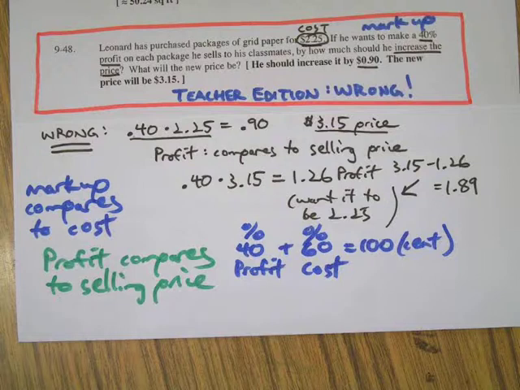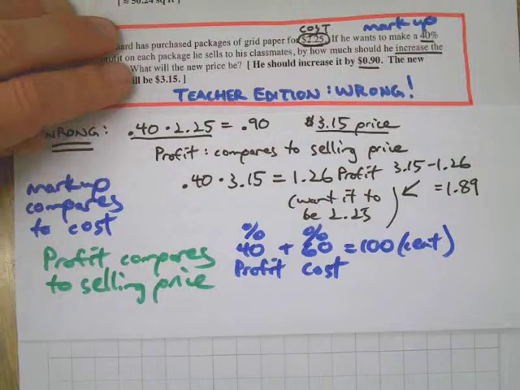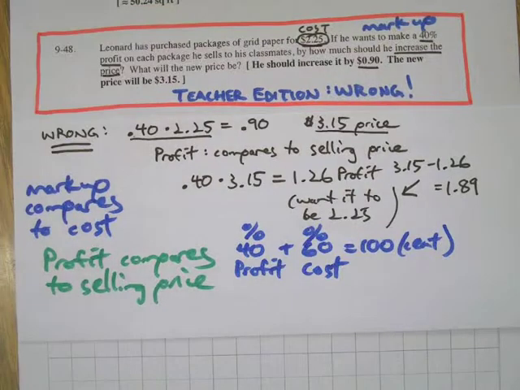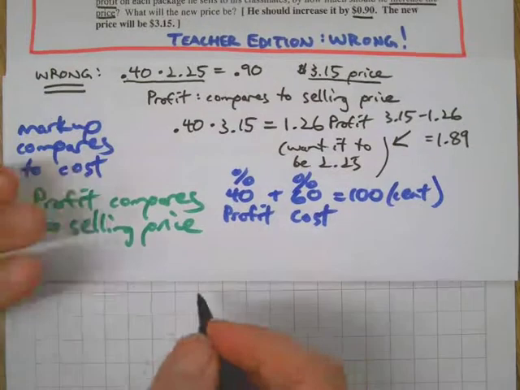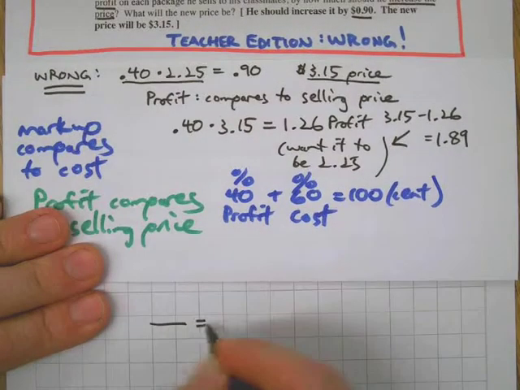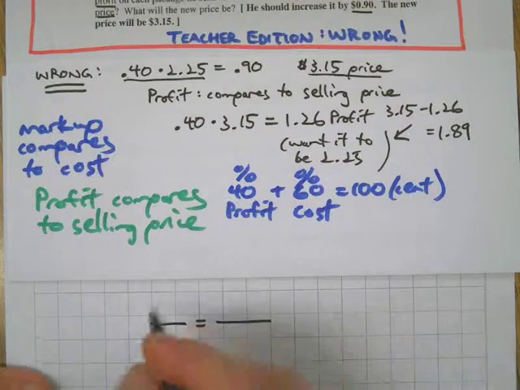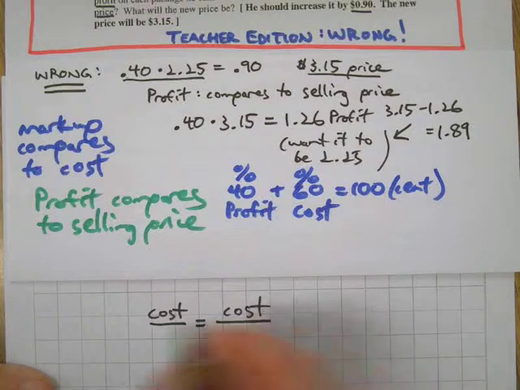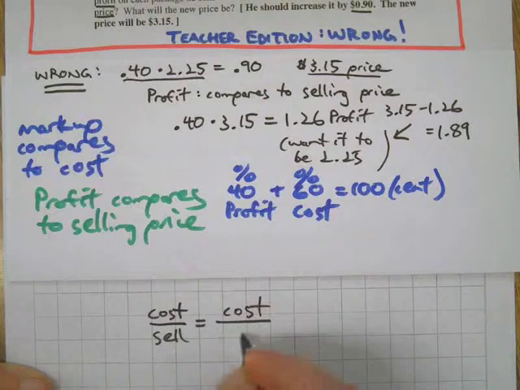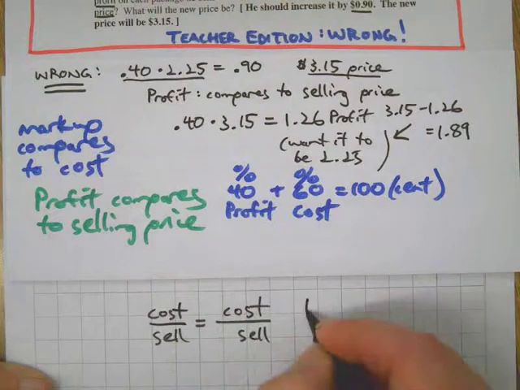So this problem is just thought of backwards. Here's how we do this. Since we have the cost, I'm going to use a proportion here. We have the cost both as a percent and as a dollar amount, and we have the selling price.